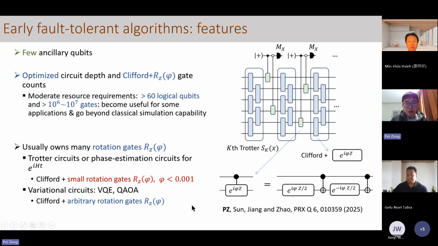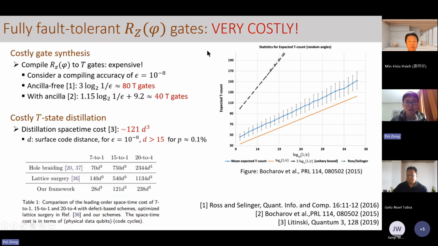But if you check the resource count for these logical rotation gates, it is very costly. Usually the way people implement logical rotation gates is to first compile the logical rotation phi gate into many T gates by some Solovay-Kitai gate compiling methods.